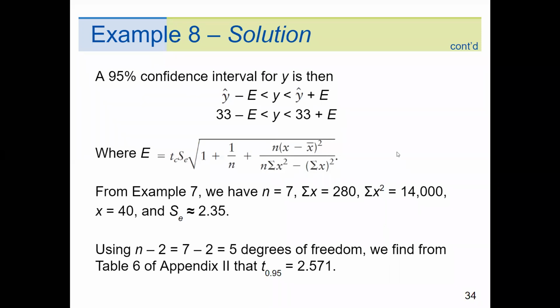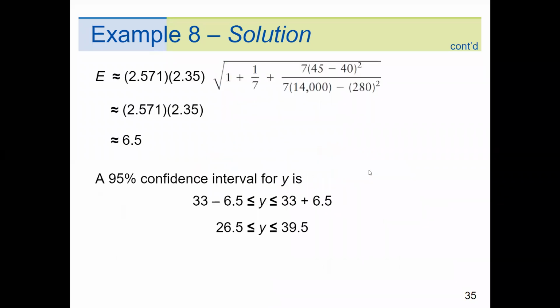You plug everything in, and you get about 6.5. Therefore, a 95% confidence interval for y is 26.5 less than or equal to y less than or equal to 39.5.